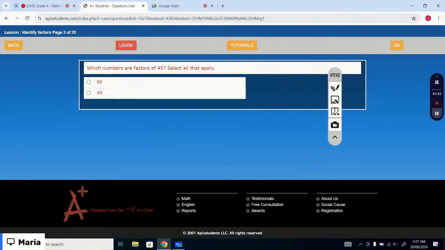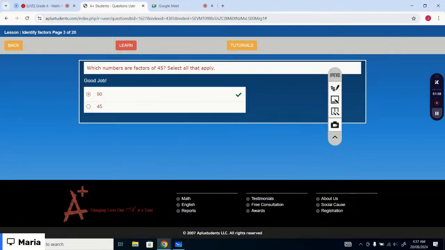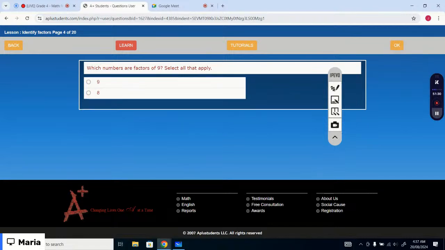The correct option is 90. 45 times 2 is 90. So the correct option is 90. Option number 1 is the correct option.